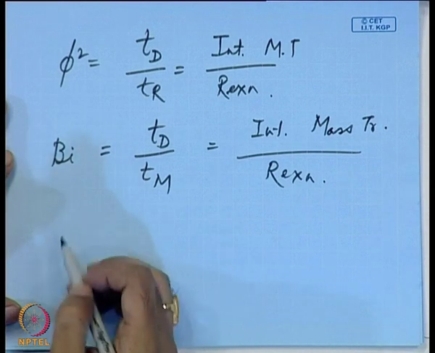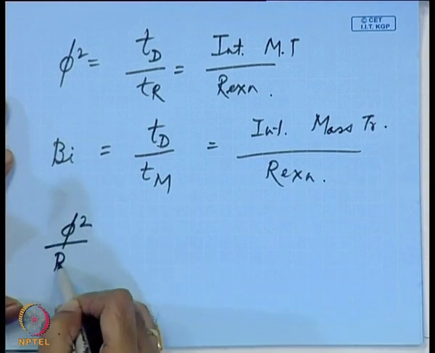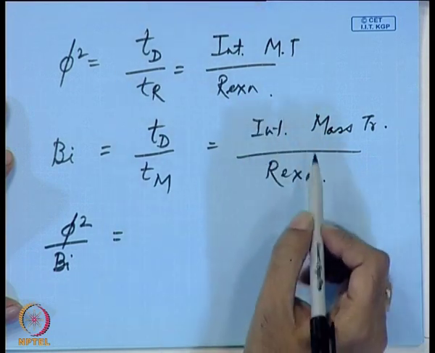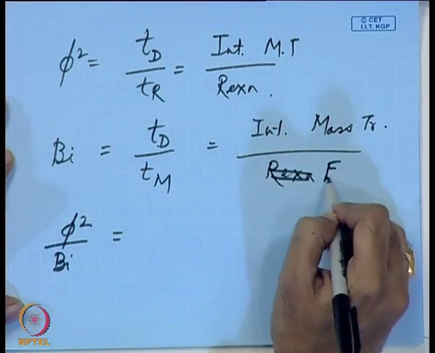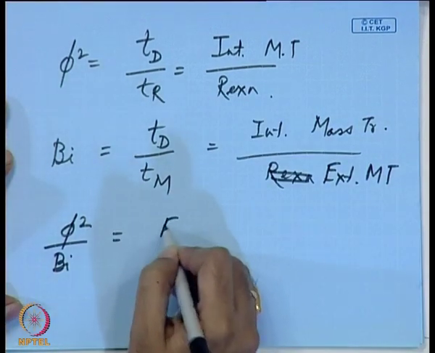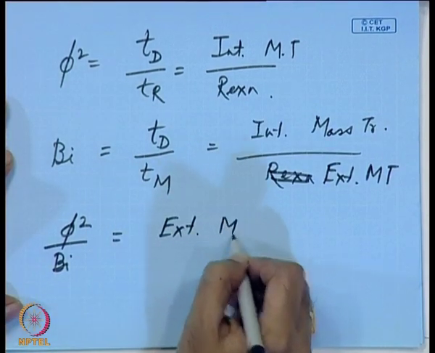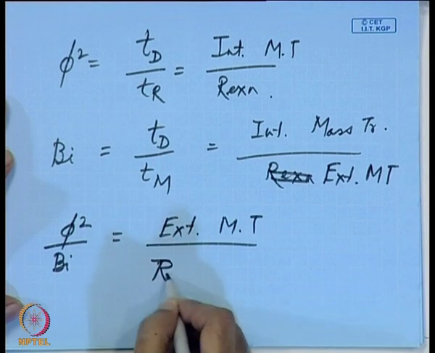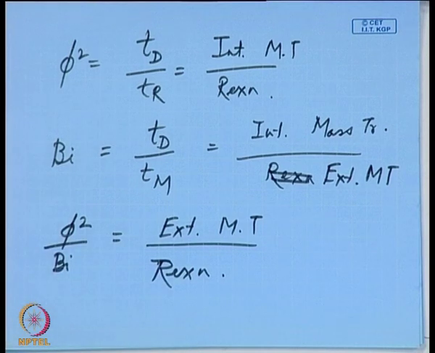So, which means that phi square over Biot number would give you the ratio of, it is not reaction, this is external mass transfer, would give you the ratio of external mass transfer over reaction. Clear? Is it clear to everybody?